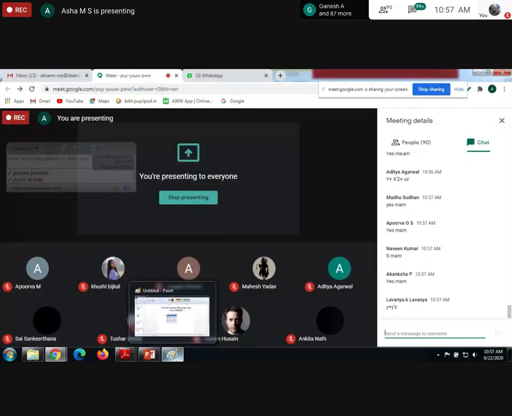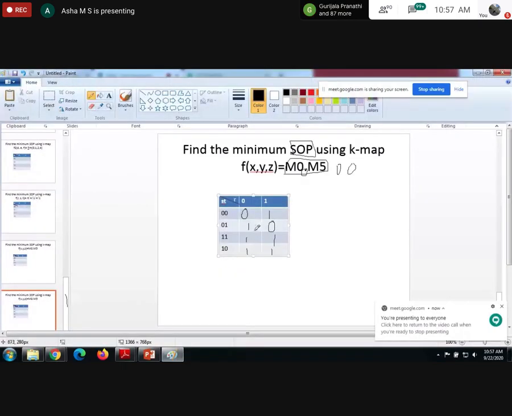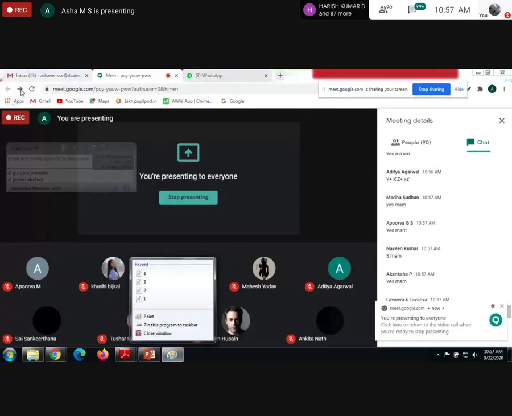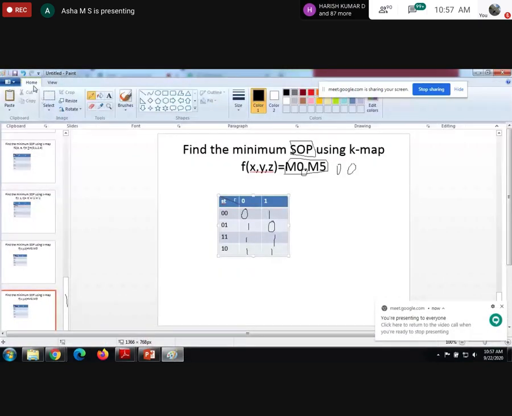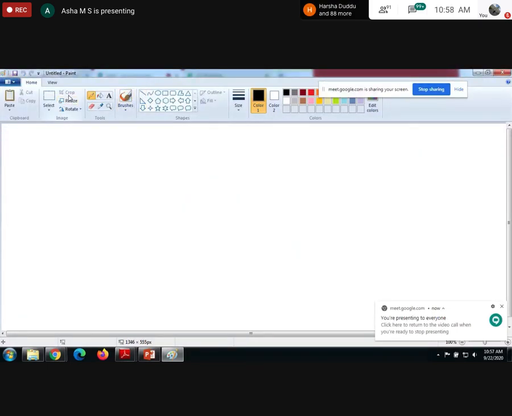Lavanya gave the answer already. Lavanya, your answer is wrong, try it later. Now take down the question. Find the minimum SOP expression for each function. Let me give the function.